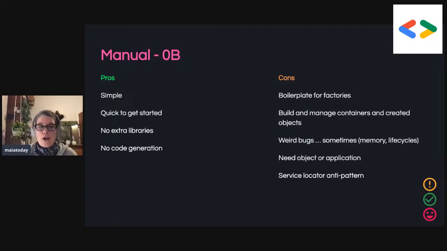If you want to have objects that are only constructed, say, with an activity and not for the application, you've got to start managing those objects yourself, which means you need to know when to clear them, which means you sometimes would get weird bugs if you don't understand the life cycle and you don't know how to release the memory properly. And you need an object or an application if you want to do injection inside your activity. And it can turn into the service locator anti-pattern. I don't know if that is an issue for you, but that's one of the cons.